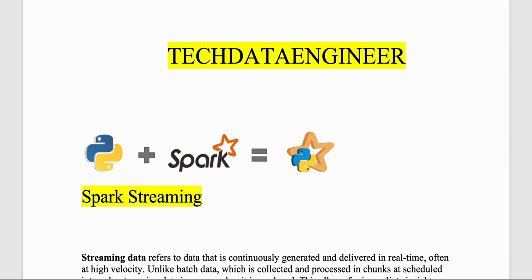But in case of Spark streaming, the data is generated in real time, and we have to consume that data, process it, and store it also. There are many differences between streaming and batch mode for processing, storing, and capturing the data.